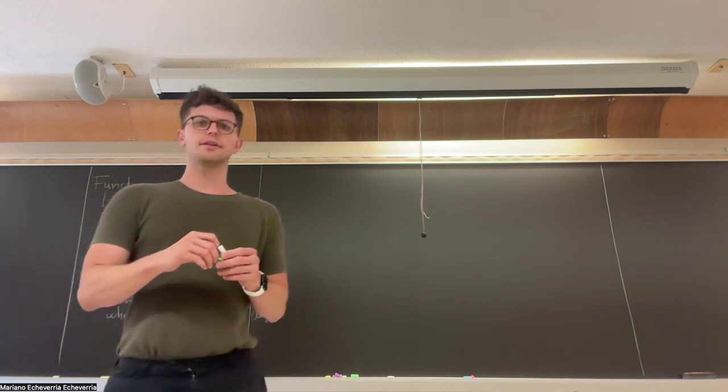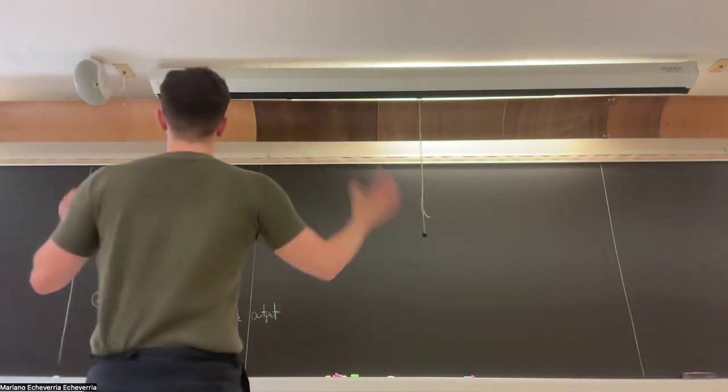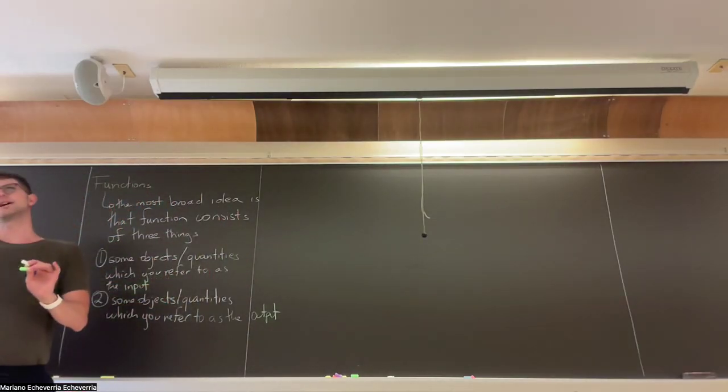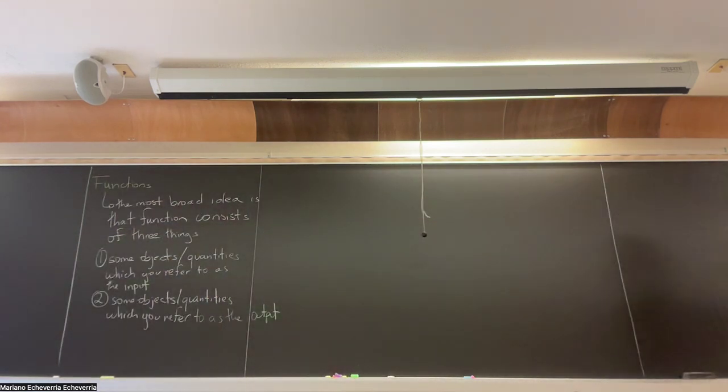And then the idea is that what the function does is, you have certain things that you call input, you have certain things that you call the output, and then the function gives you a way to assign to each input one of the outputs.